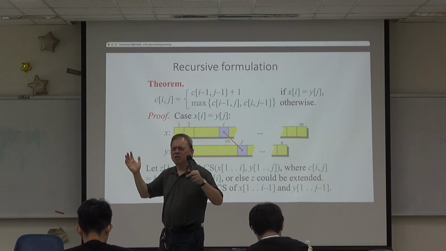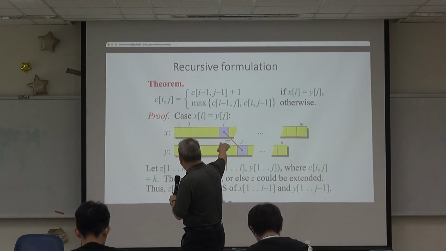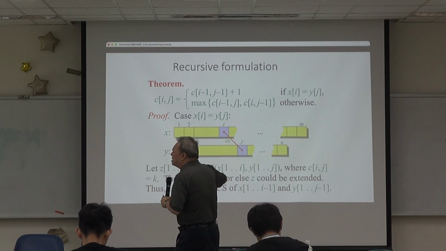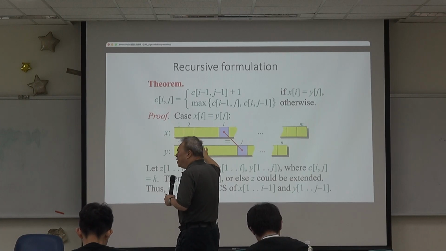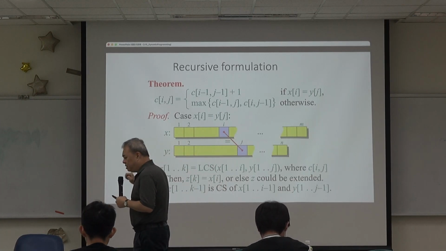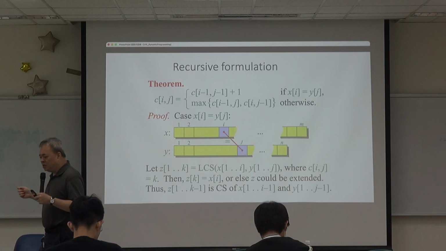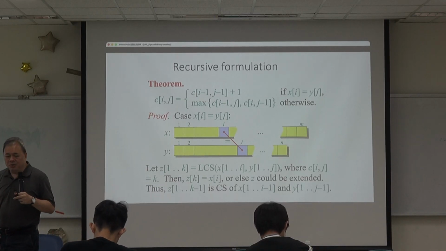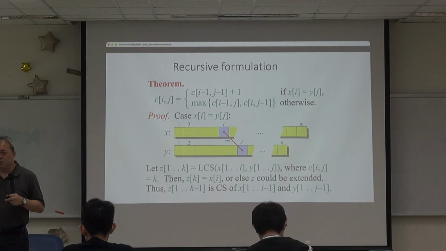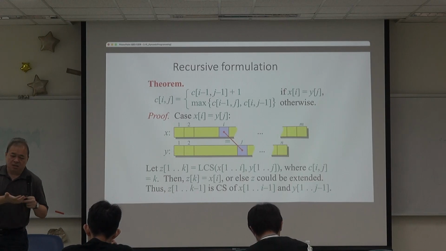If they match, then it's the first case. If it does not match, it's the other case. But regardless of which one it is, we are able to reduce the problem to a subproblem, and use the optimal solution from these subproblems to construct the solution for a larger problem, right?